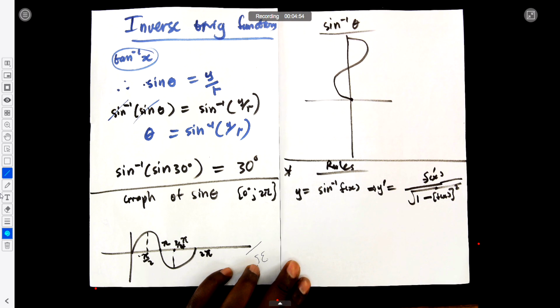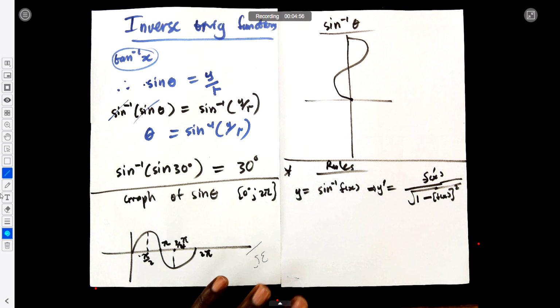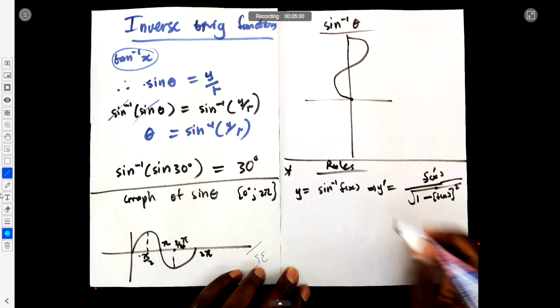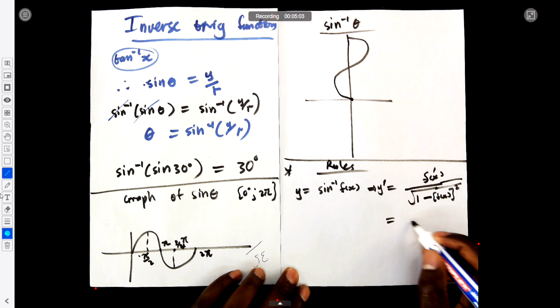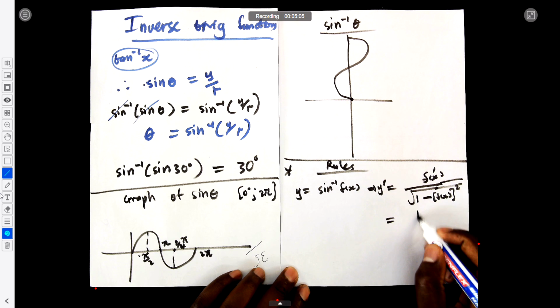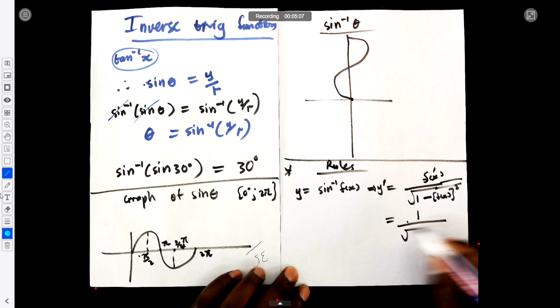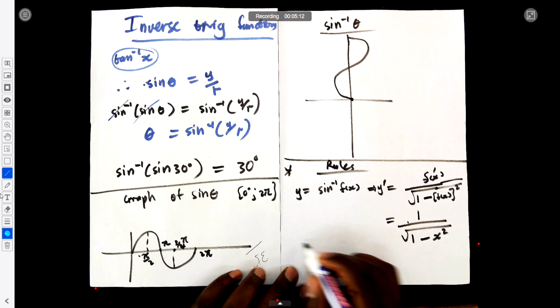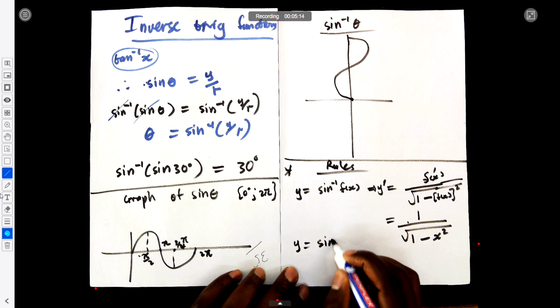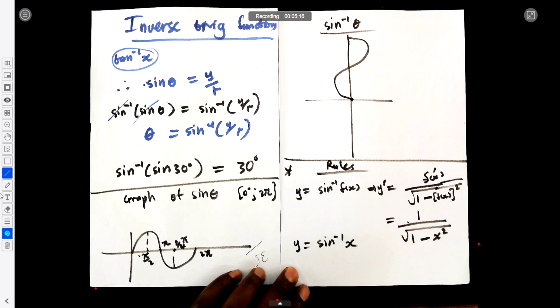This is given in the formula sheet, but you must know how to prove these formulas. In another case, if we assume this was x, then the derivative of x in the numerator is 1, and we'll have root of 1 minus x squared. Let me write it as arcsine x.